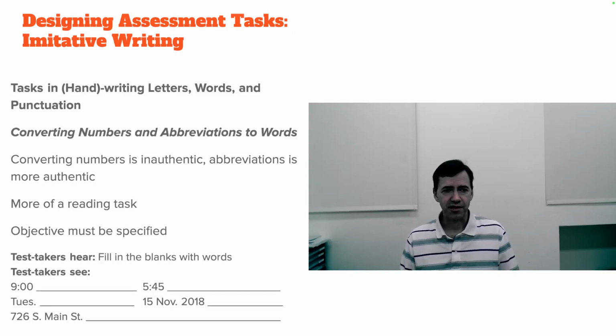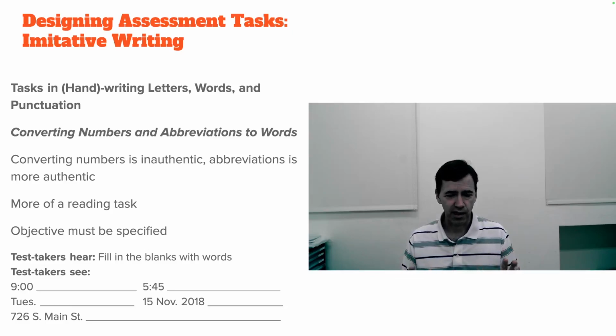Okay, the next are tasks in converting numbers and abbreviations to words. Now, I will argue that converting numbers into words is very inauthentic, because it's rare that we will write these words out, it's rare that we will write the numbers using words.